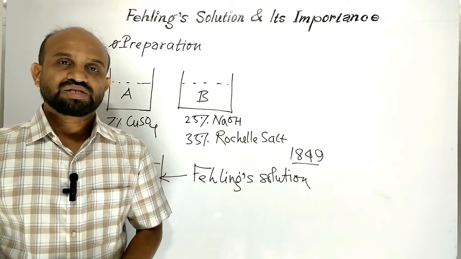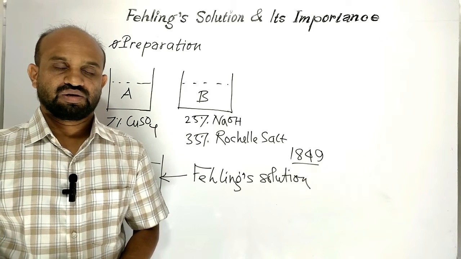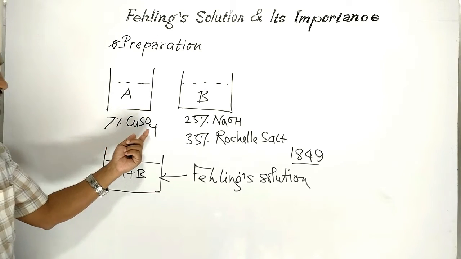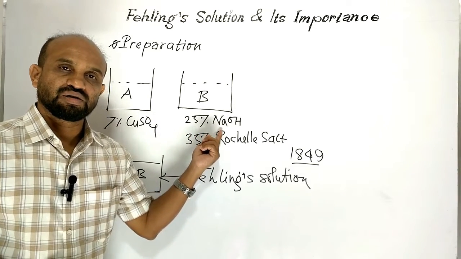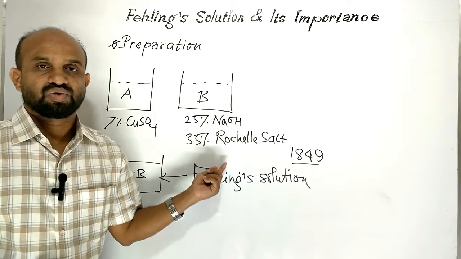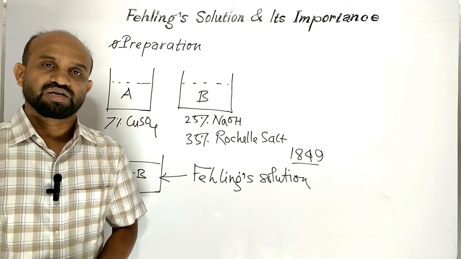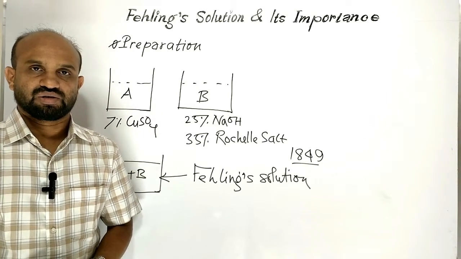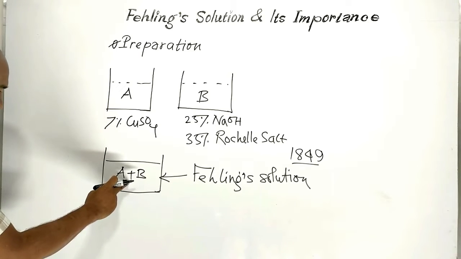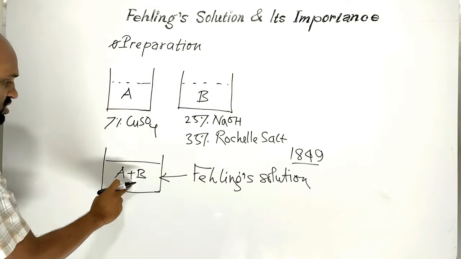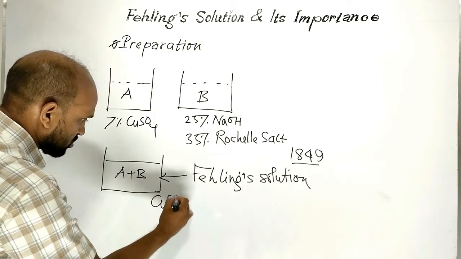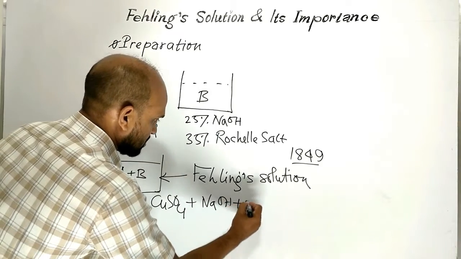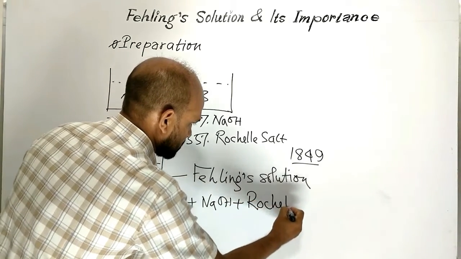Now let's see what is the definition of Fehling solution. An aqueous solution of copper sulfate, sodium hydroxide and Rochelle salt, which is used to distinguish aldehydes from ketones. That solution is known as Fehling solution. Here, the mixture of A and B solution contains copper sulfate, sodium hydroxide and Rochelle salt.